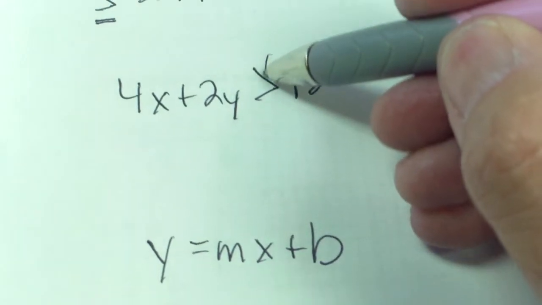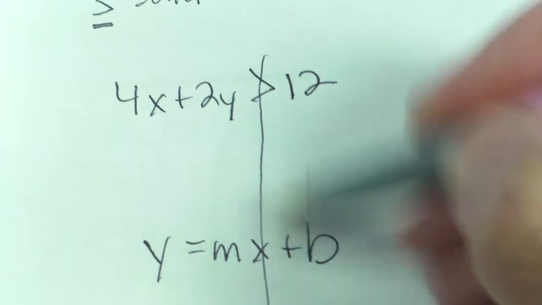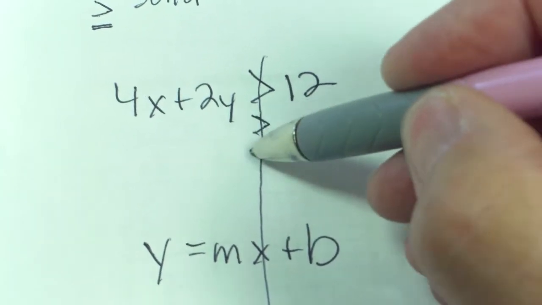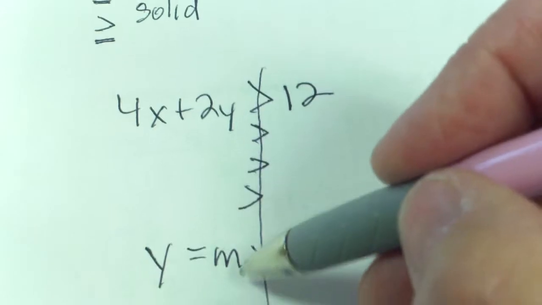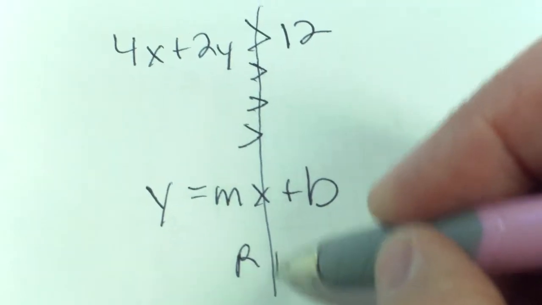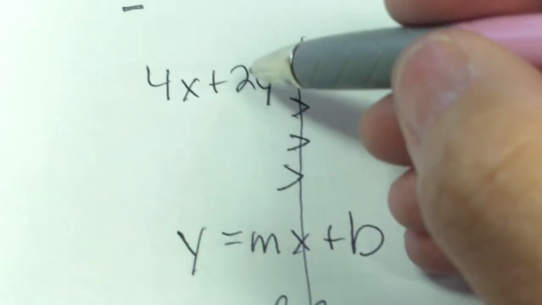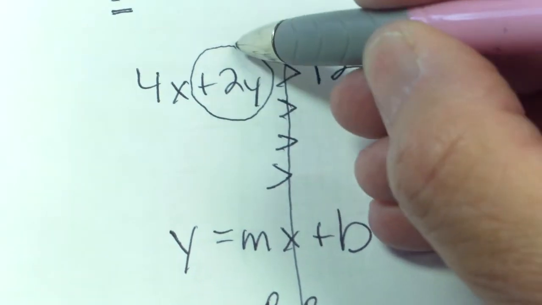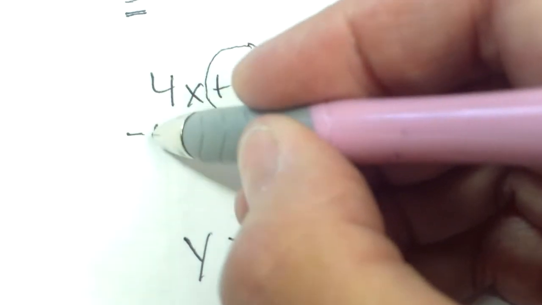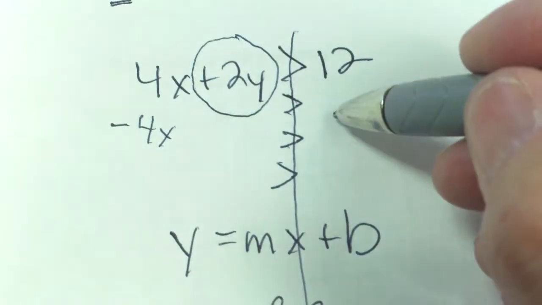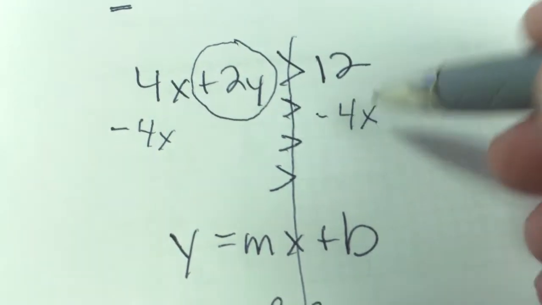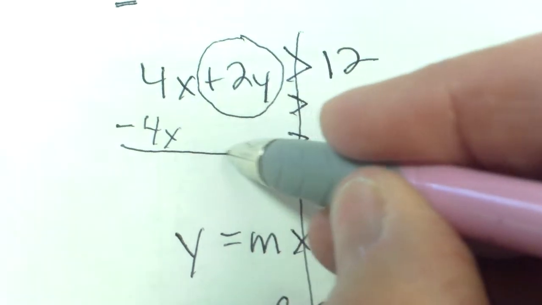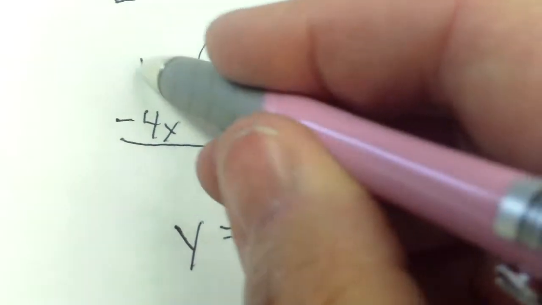So I'm going to do this. I'm going to put my fish hooks, and I'm going to remember my random rule. I want to get y alone. There's my y. I have to get rid of 4x. I'm going to subtract 4x from both sides. My positive 4x's and my negative 4x's partner up.